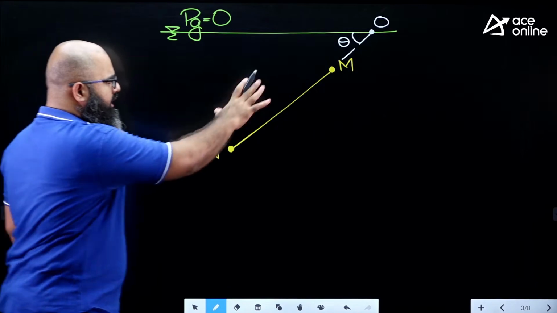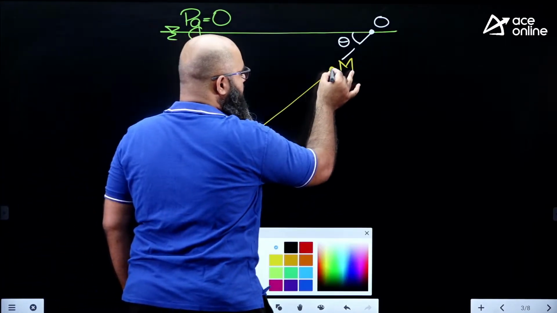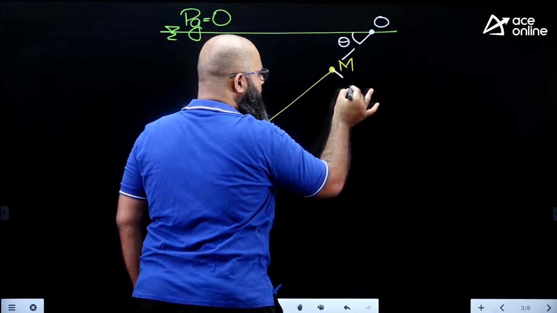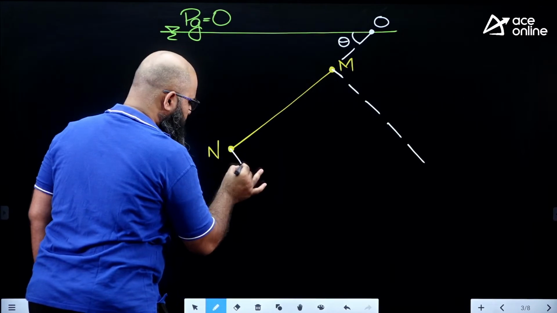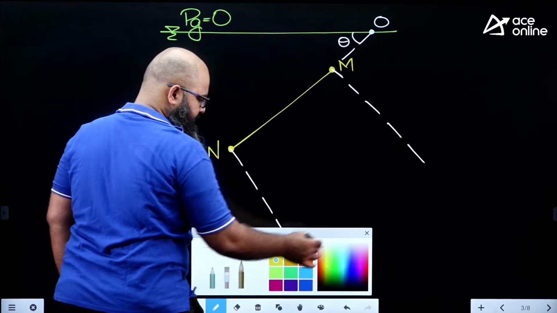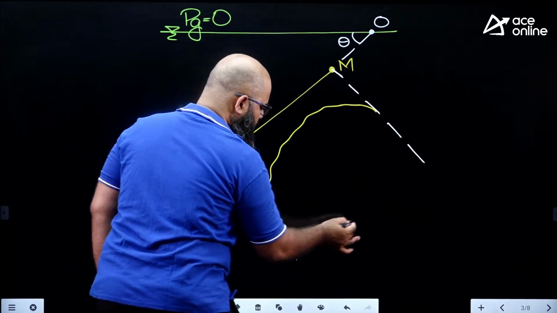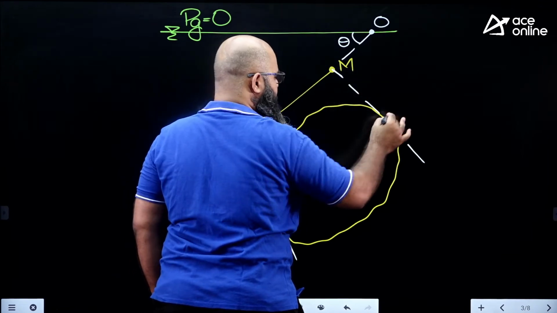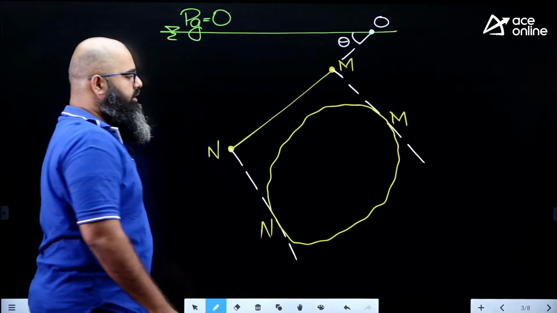We have already seen that this is having some area. Let us again produce the area. Let us say this is the area we are having, Mn, over here.